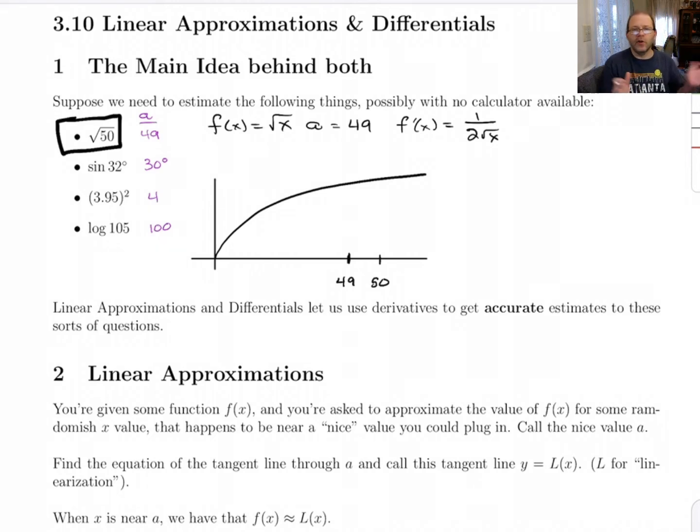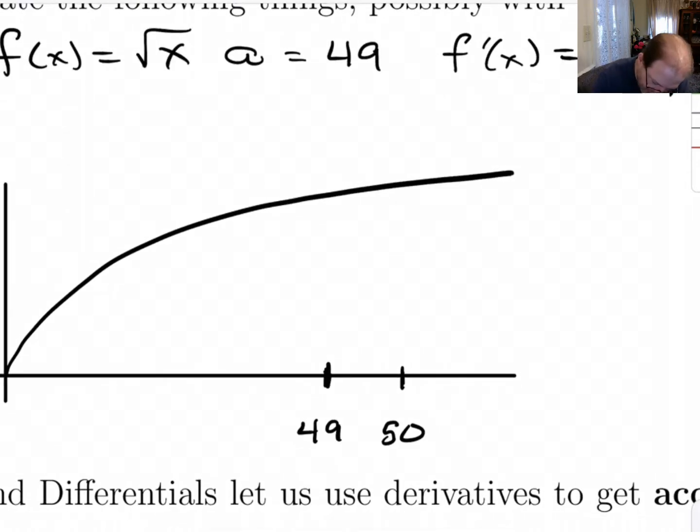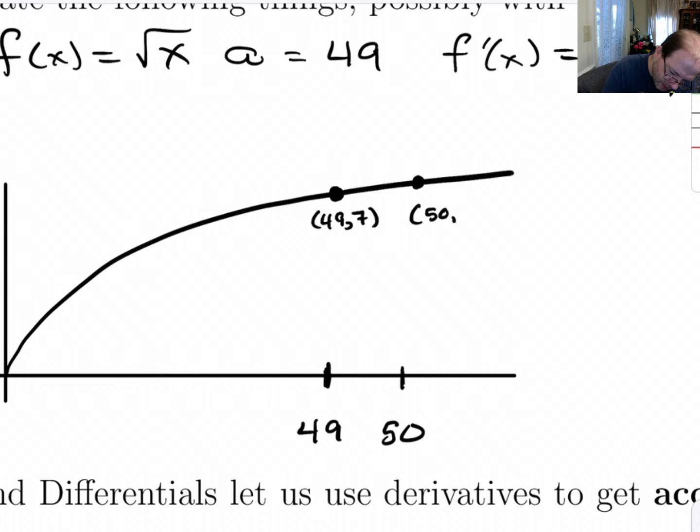Now I know I have this drawn out of scale, but that doesn't matter. Let's come up here and label some points. This point here is 49, 7. And this point over here is 50, square root of 50. And that's the number that we're going to try to come up with an approximation to.